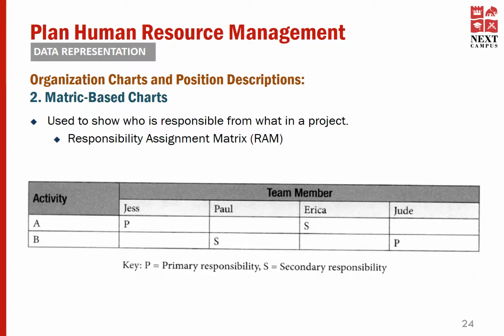On the other hand, Activity B is on Jude. Jude is primarily responsible for that activity, and Paul is a secondary resource assigned to Activity B. So this way, we have a clear agreement and understanding about the resources and their responsibilities.